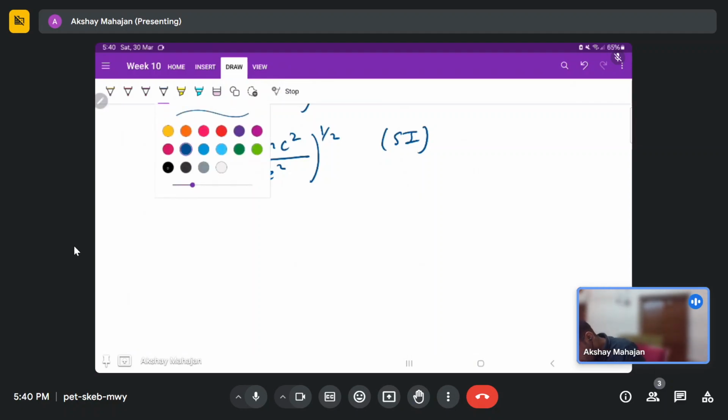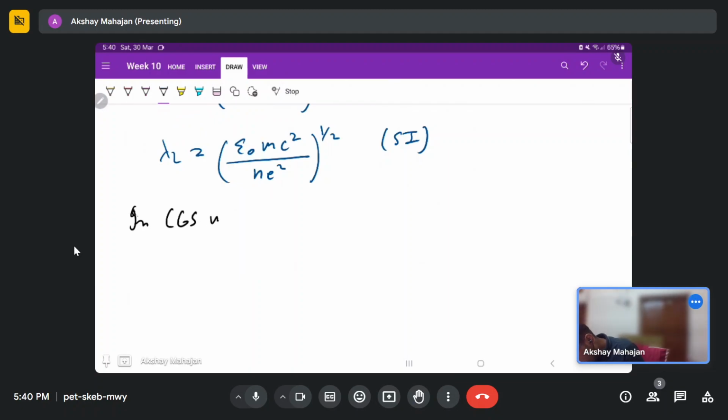Now as you know, in CGS units, in non-magnetic material, B and H are identical.